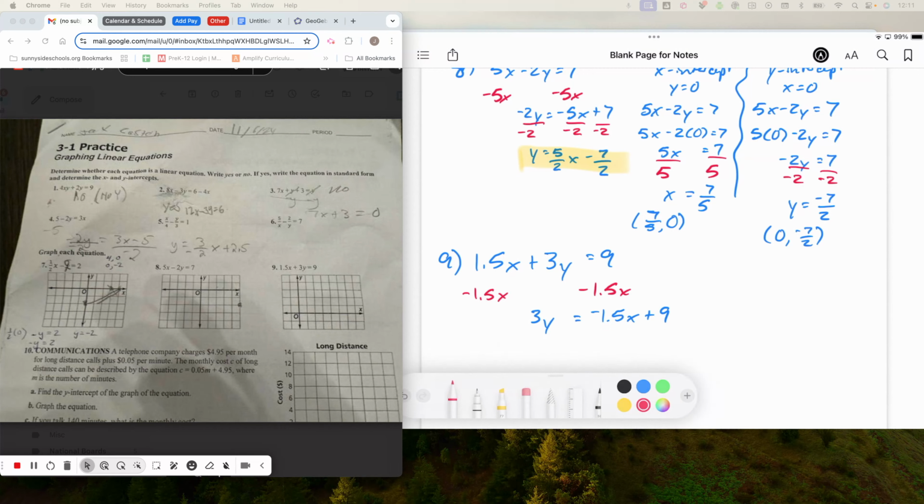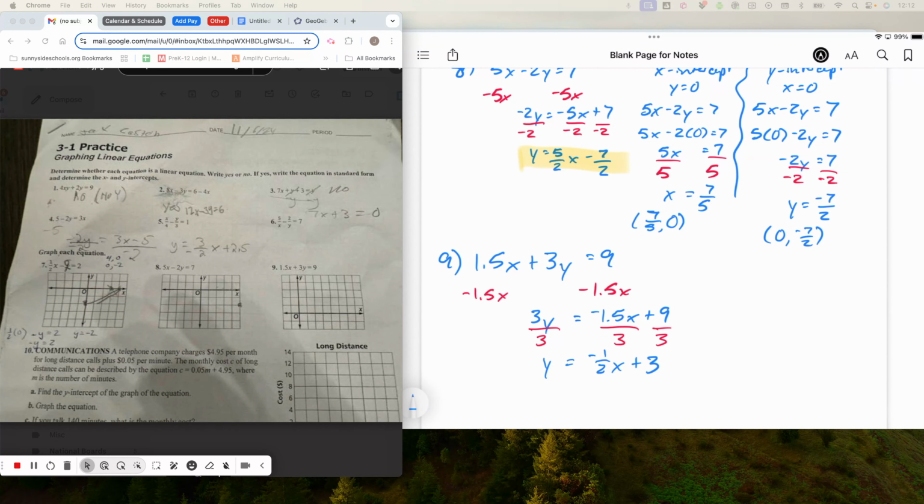We need to divide by 3. And we would have y is equal to negative 1.5 divided by 3. We'll go to my calculator. It's 0.5. So I'm going to leave that as negative 1/2 x plus 3.